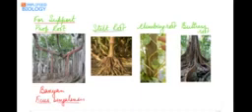Next, stilt roots. Now, stilt roots develop from the lower nodes of the stem, growing obliquely downwards, helping the stem to stay erect. They are seen in maize, sugarcane.